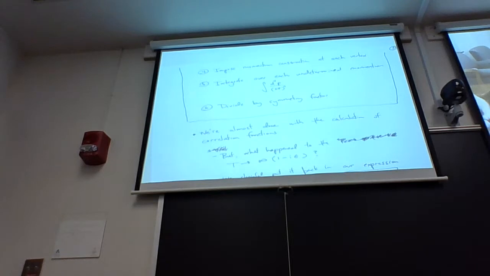So let's say I told you to compute the 4-point function. Let's say I said compute one of the corrections to the 4-point function. It's off the screen. And in phi to the 4th theory, the only thing I can really do is put a loop here. So I would write down the diagram, and I would assign some momentum.